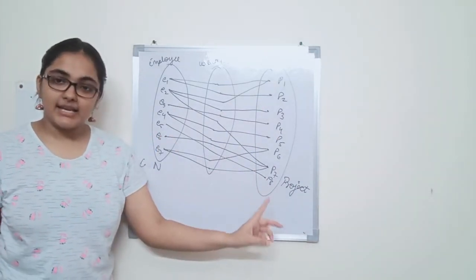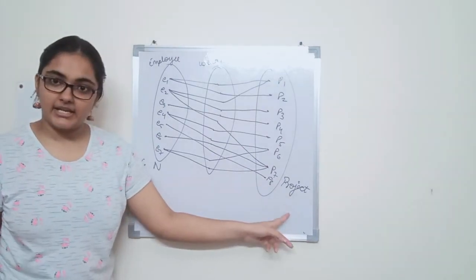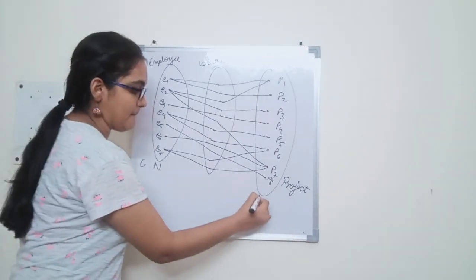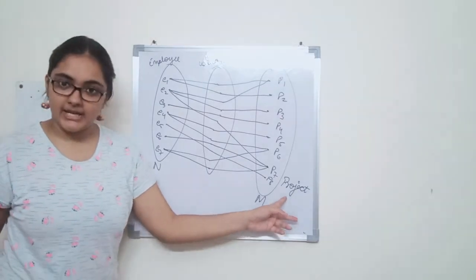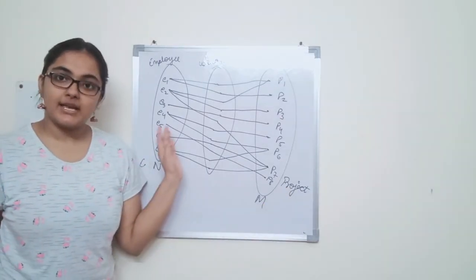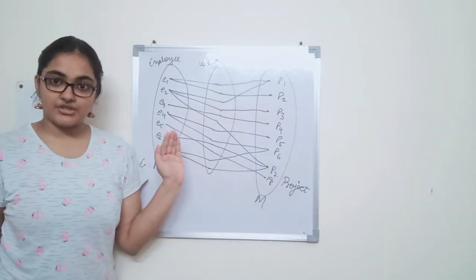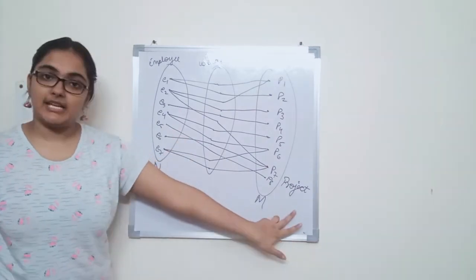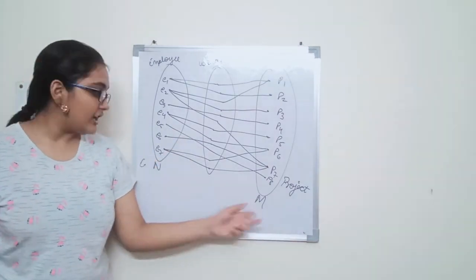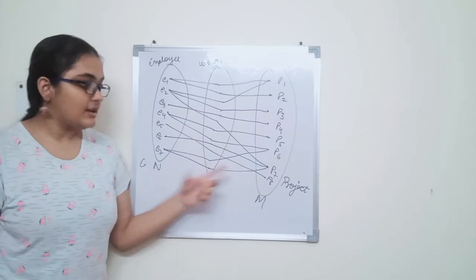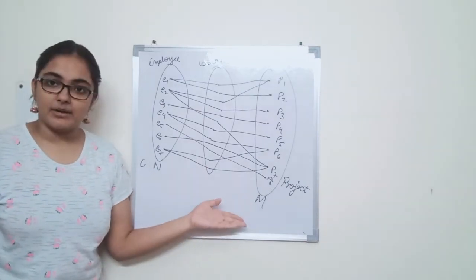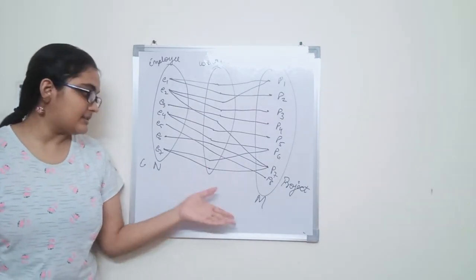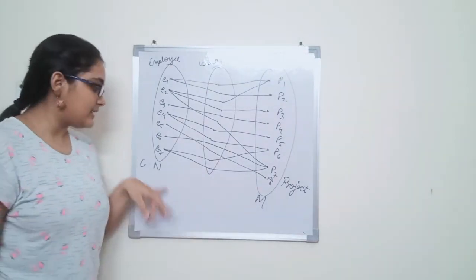So the cardinality ratio of project entity type is also many, because a project can be worked upon by many employees. That's why the maximum number of relationship instances in which a project entity can participate is m. We cannot keep it the same because it does not give the exact number. It can be any number. This and this can be any number. Okay, so this is cardinality.